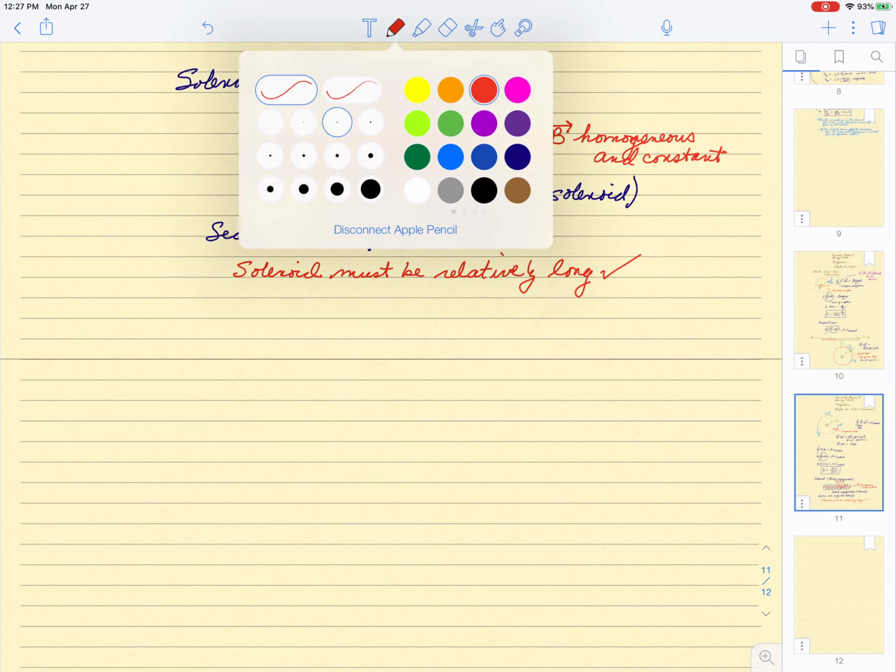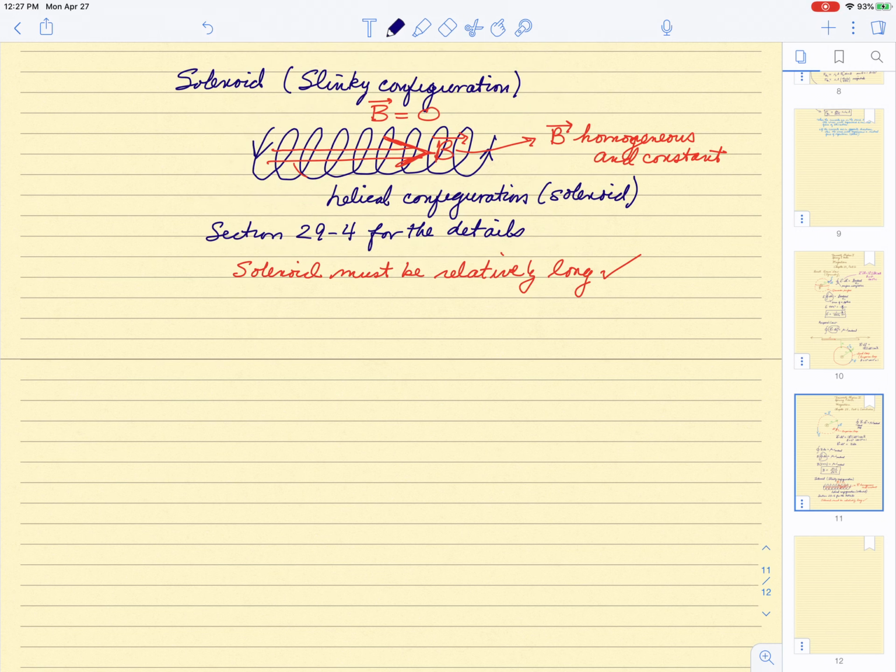The value of that field is B equals mu naught N times I, where you remember that mu naught is equal to 4 pi times 10 to the negative 7 Tesla meter per amp.